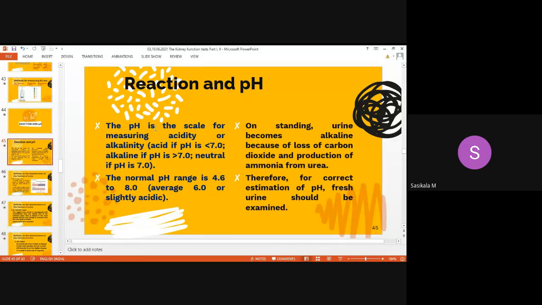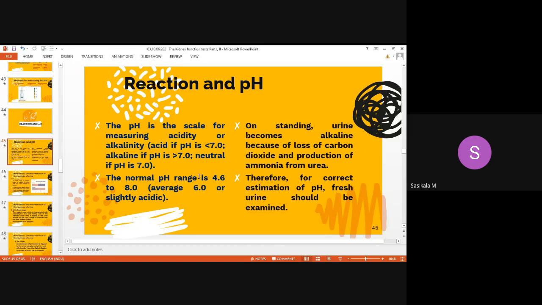The pH is the scale for measuring acidity or alkalinity. It is acid if pH is less than 7, alkaline if pH is more than 7, and neutral if pH is 7. Hope you already know this.